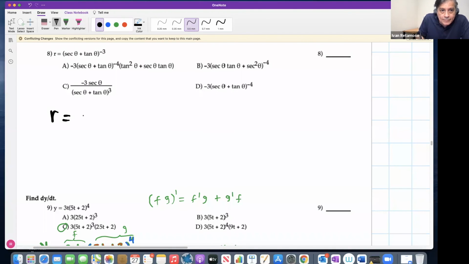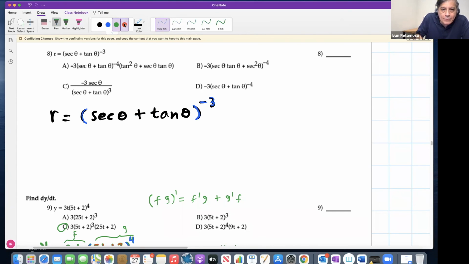All right, so for example, let's do this. R equals secant of theta plus tangent of theta, all raised to minus 3. All right, let's say I want to find the derivative. I quickly identify that this is my outside function, right? The negative third power.